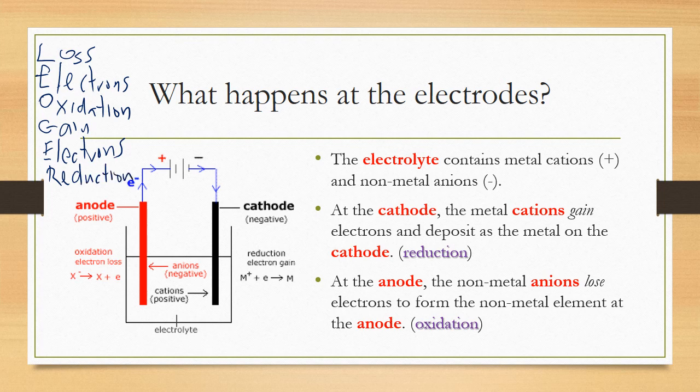LEO goes GER. So at the anode, the non-metal anions lose electrons. So we look at that, it's going to be the loss, so it's going to be oxidation.